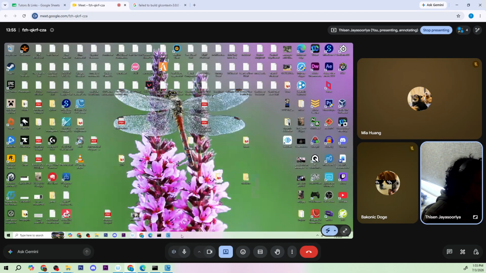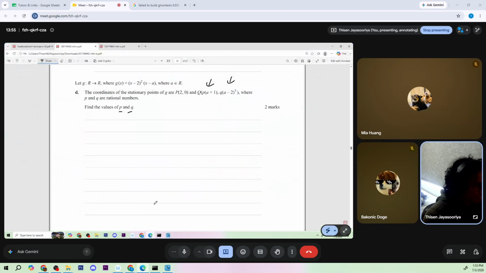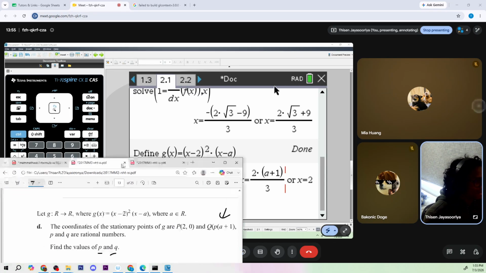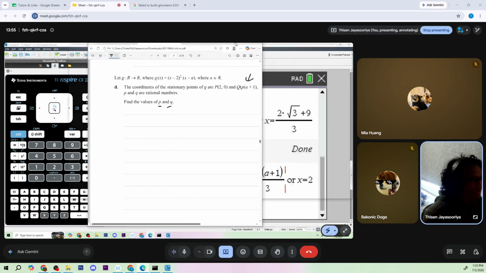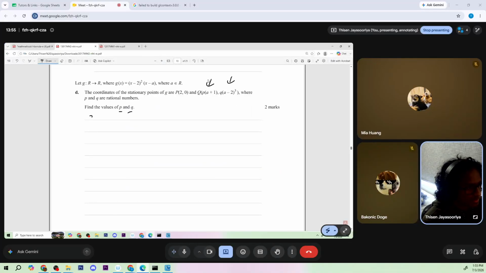Right? And I just closed my screen here. And I can see that P is 2 over 3, right? Because if I did g dash of x equals 0, I got x equals 2, comma, (2a plus 1) over 3, which means that P equals 2 over 3.